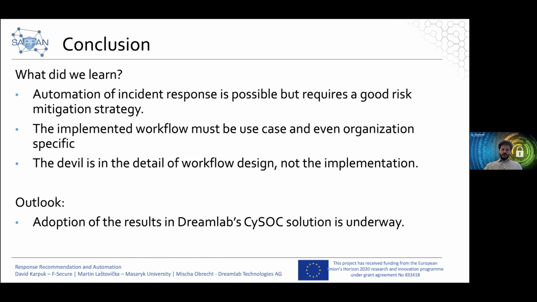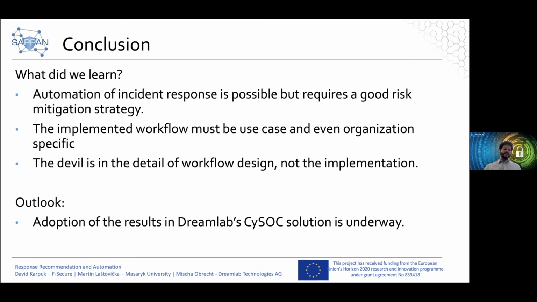The second one is that implemented workflows have to be use case specific. So in this example, it was a DGA detection, to make the connection back to what we've heard from Arthur before. And very likely it will also have to be organization specific, because each organization has their specific ways of dealing with certain alerts and with certain detections.